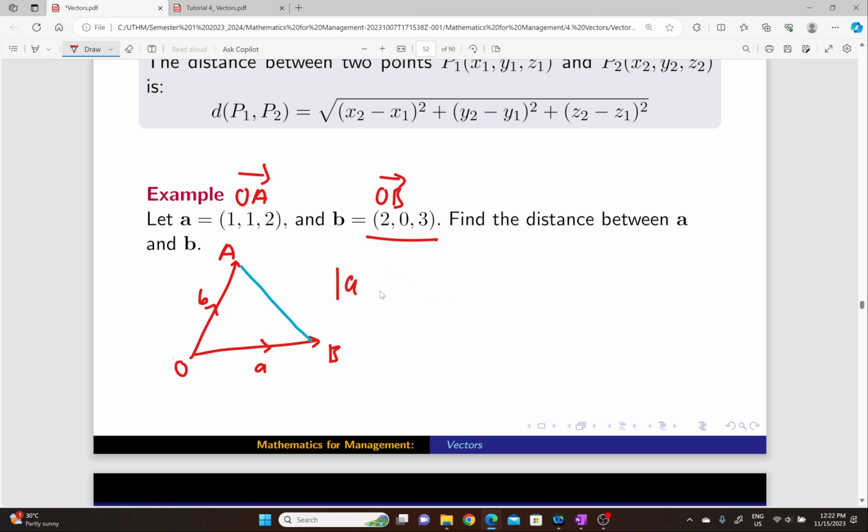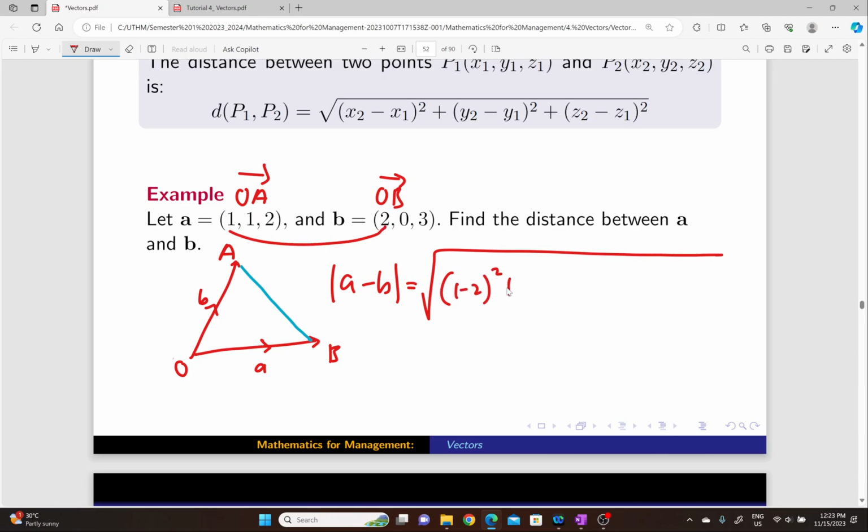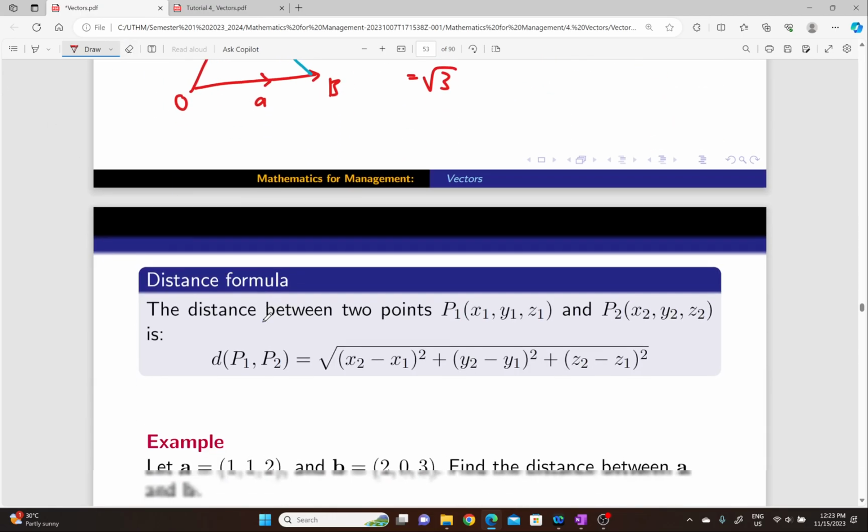The distance is A minus B or B minus A: 1 minus 2 here, 1 minus 2, same thing, 1 minus, and 2 minus 3. If you do this, you will get root 3. Quite easy, this is also easy. You just follow the formula.